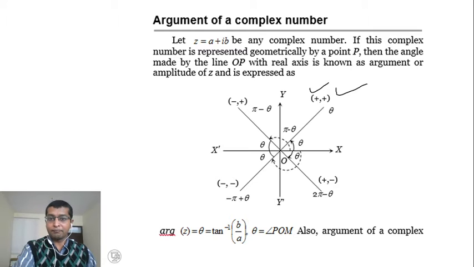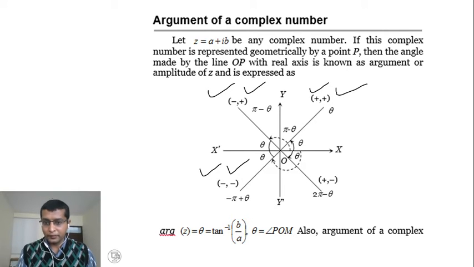If the real part is negative and the imaginary part is positive, it is in the second quadrant. If both the real and imaginary parts are negative, it is in the third quadrant. If the real part is positive and the imaginary part is negative, it is in the fourth quadrant.